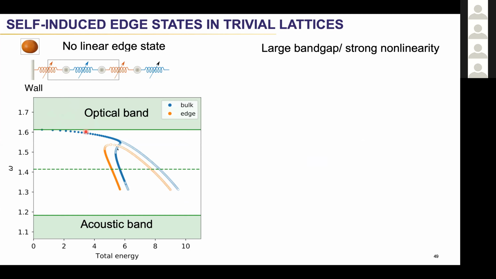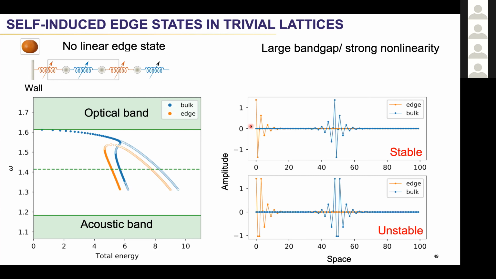Without going into detail, we find a new family of states, which is localized on the edges of the system. One family is stable, which is the dark one here, and the unstable point is here. So the idea is that we have a self-induced edge state in a topologically trivial lattice.